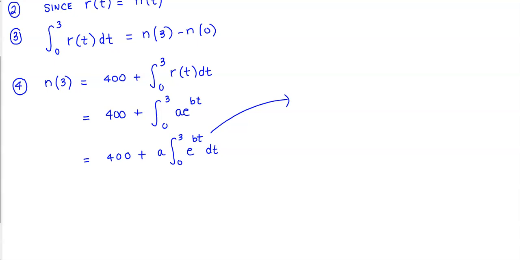We would know that u is going to equal bt, and then du is going to equal b times dt. Then we're going to divide both sides by b. So therefore we'd have 1 over b du, which is equal to dt.